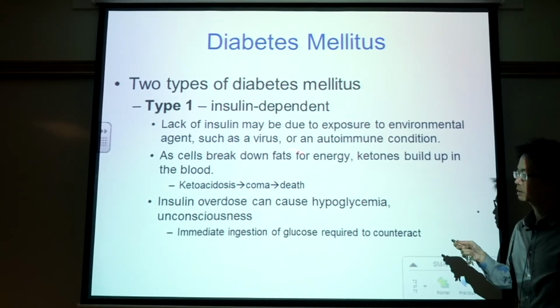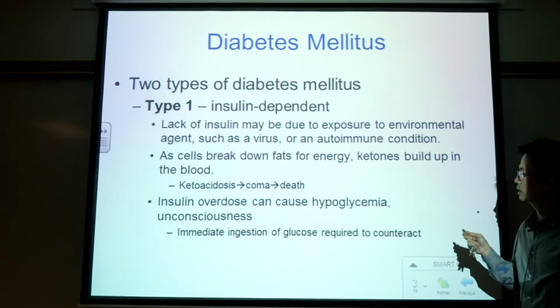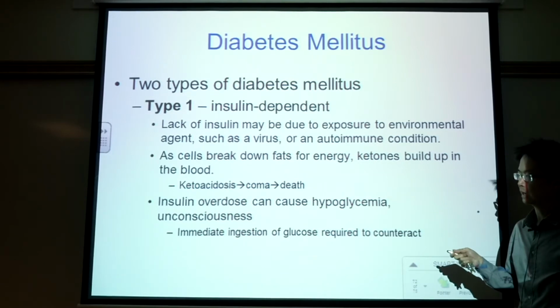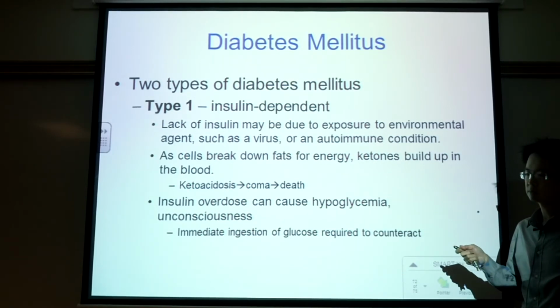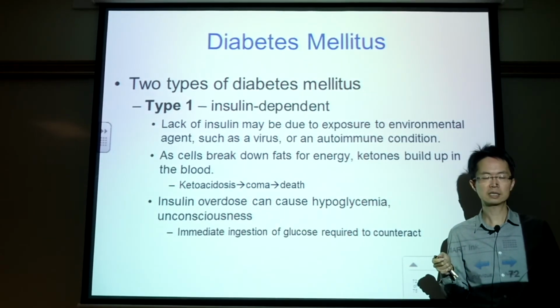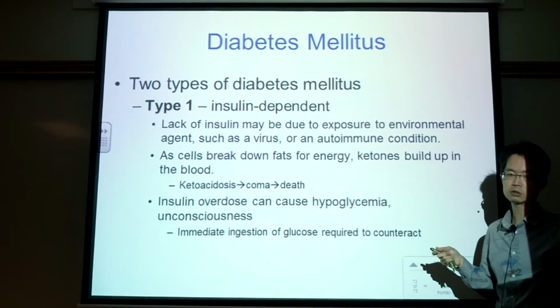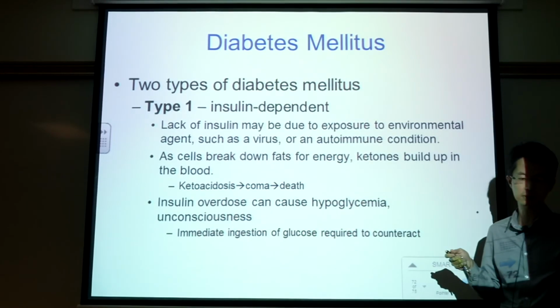That's why the body cells have to break down fat for energy. Then you have ketone buildup. When you have too much ketone, it's called ketoacidosis. Too much ketone will make your blood acidic. When your blood is too acidic, it will cause coma, and eventually it will make people die.